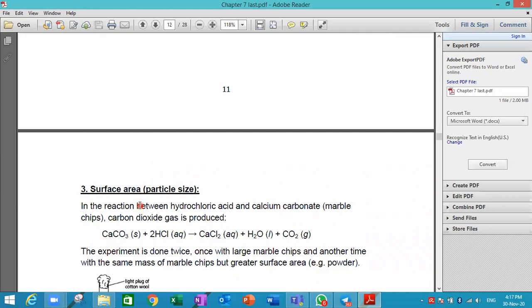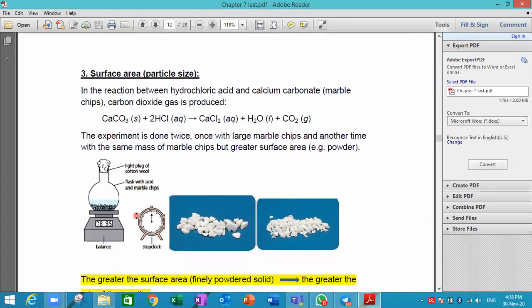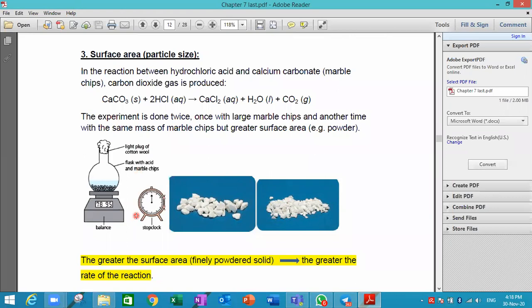Now we come to the third factor, which is the surface area. Surface area means the particle size. So we are going to use this experiment in which we measured a certain volume of the acid, placed it in a flat bottom flask on a balance, and added marble chips.